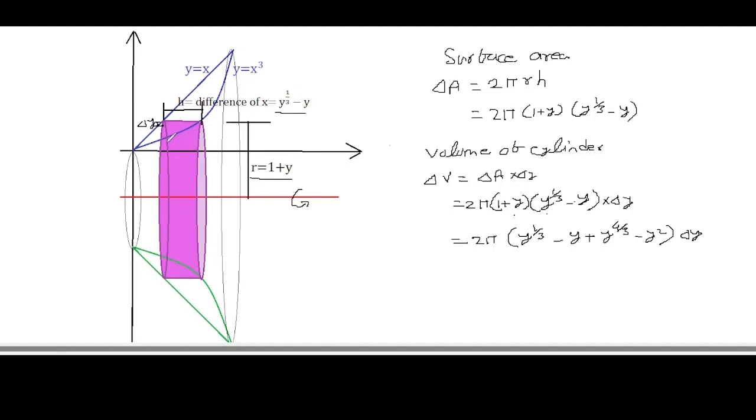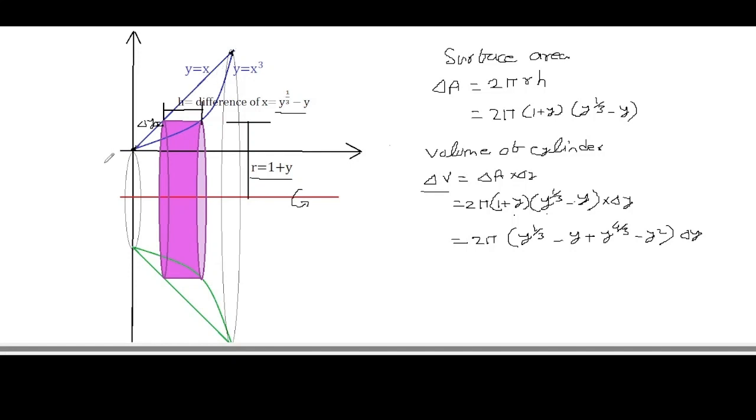Now, when the cylinder moves from the lowest point to the highest point, then it is going to cover the entire solid. So to find out the volume of the solid, we have to integrate the volume of the cylinder from the lowest point to the highest point.